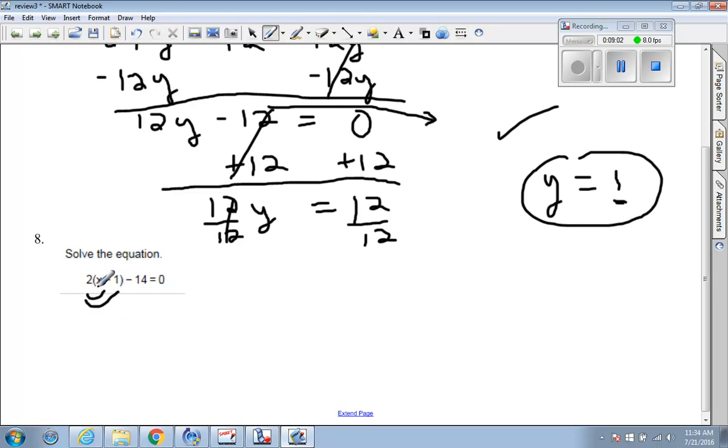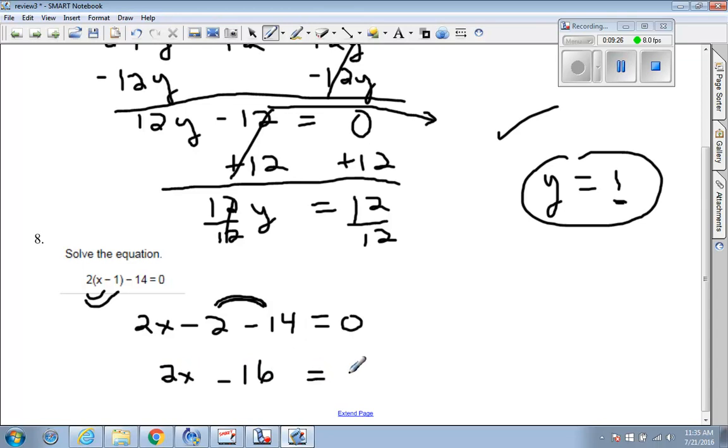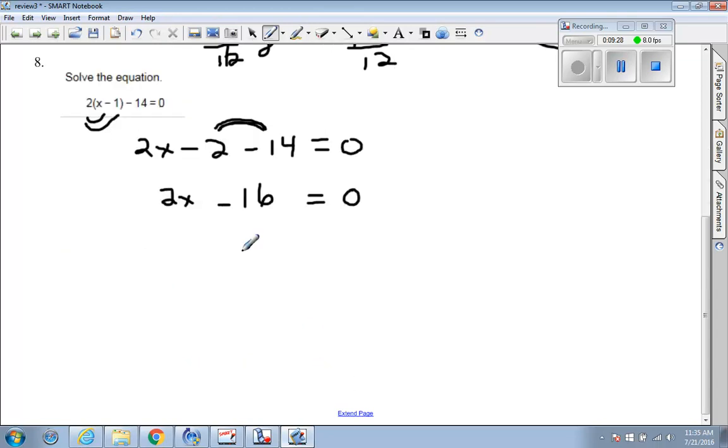We have distributive here, so 2x minus 2, notice that 2 times 1 is 2, then minus 14 equals 0. So by now you know that you're going to combine these like terms here. So negative 2 minus 14 is negative 16. Okay. And then I want to add 16 to the other side.